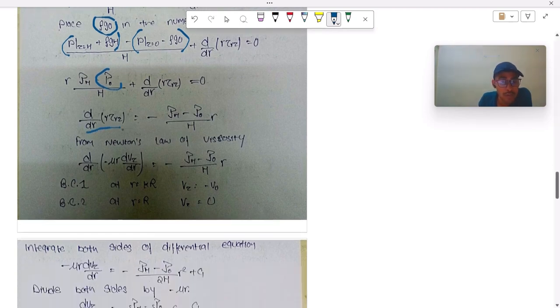So now to get our shear stress expression, we have to integrate it. For integration, we can put the value of tau rz from Newton's law of viscosity, as minus mu r dvz upon dr, which is equal to minus the change in modified pressure into delta r.